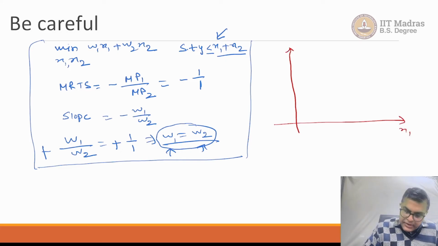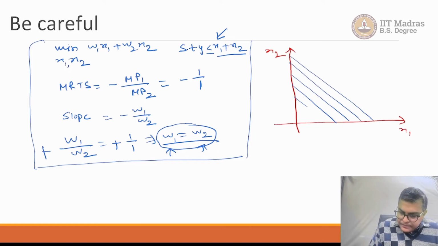Here is x1, this is x2. Let us say you have isoquants. Are the isoquants parallel? And when we take a linear production technology, how would it look like? It may look like this.